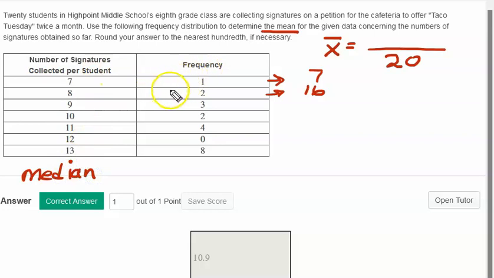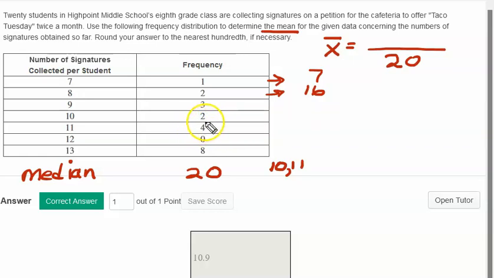So when it's set up like this, sort of in order, we have a total of 20, we said. So the median would be items number 10 and 11 in our data list. So as we go down, 1, 3, 6, 8, and then 9, 10, 11, 12.